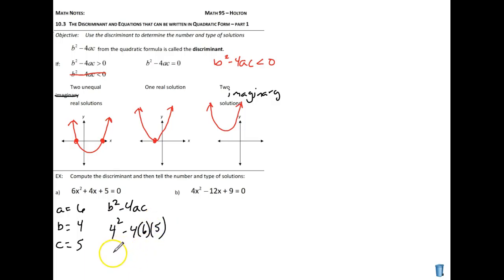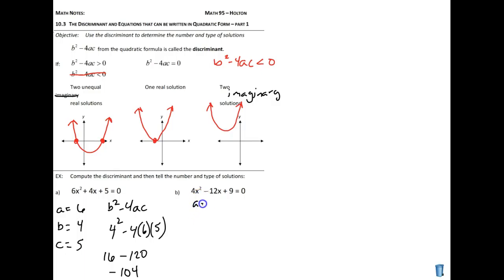Well, 4 squared is 16. 4 times 6 times 5: what I like to do is 4 times 5, which is 20. 20 times 6 would be 120, right? And then I say 16 minus 120, and what I end up with is negative 104. So what is the case here? We have two imaginary solutions because negative 104 is less than 0.